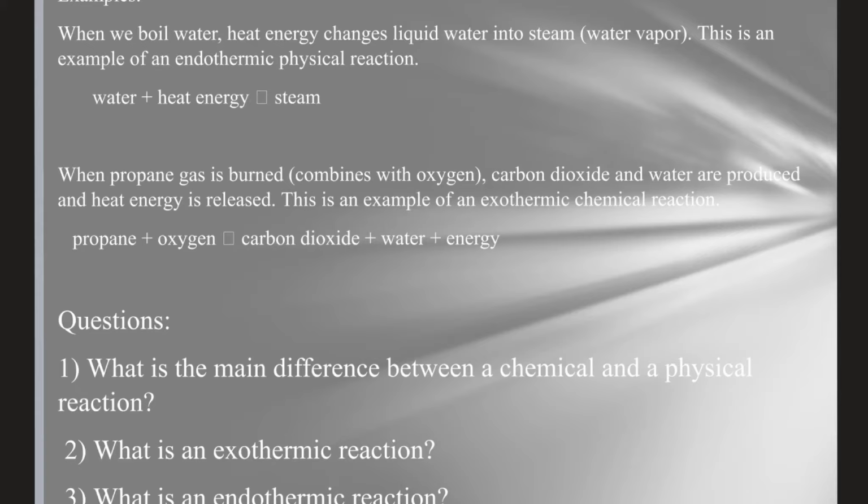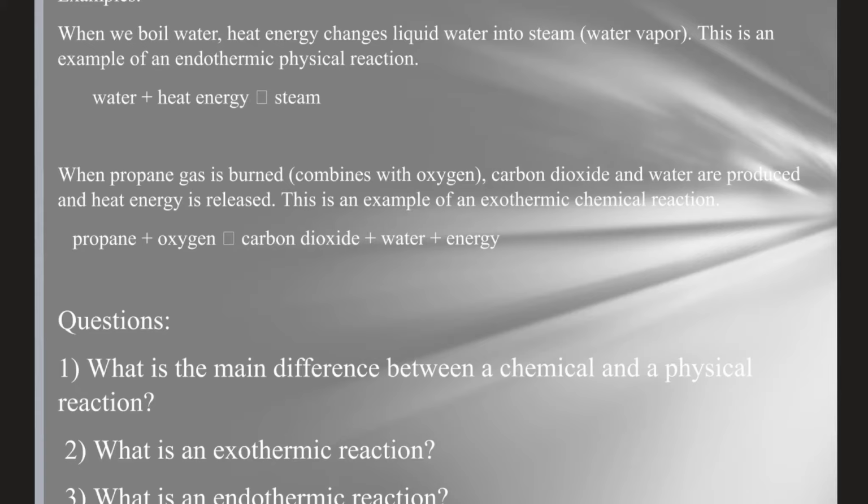Because it produced energy, or energy is a product, it is considered to be an exothermic chemical reaction. That's a big thing there. If it was, for example, photosynthesis, and I'm just going to write this on the side here, it's basically CO2, carbon dioxide, plus water, and it needs energy from the sun, creating sugar plus oxygen.